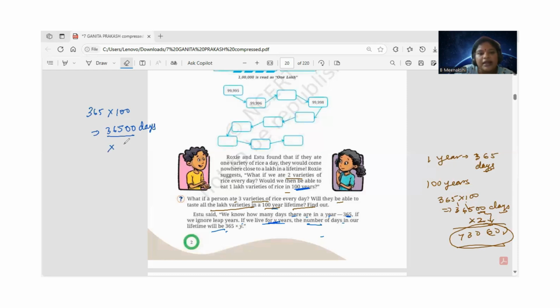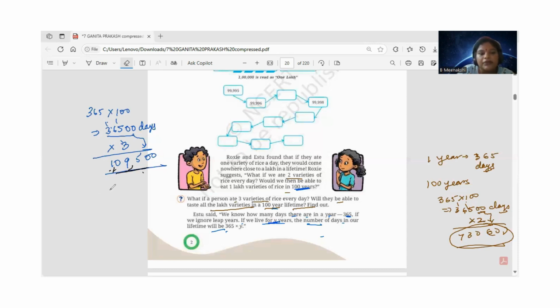Each day they are having 3 varieties. Just place the 2 zeros as it is. Now 3 5s are 15, 3 6s are 18 plus 1, 19, 3 3s are 9 plus 1, 10. Now separate the digits, so it becomes 1 lakh 9,500.